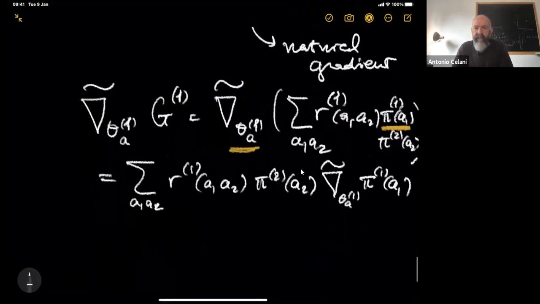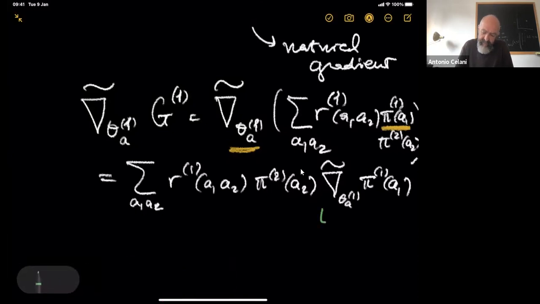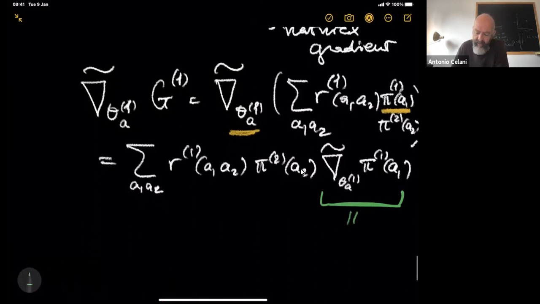Now, the algebraic fact that I'm not going to prove, because it's boring and a bit cumbersome, is that this natural gradient here is actually equal to 1 if the action is exactly the one labeled by the parameter A and 0 otherwise.